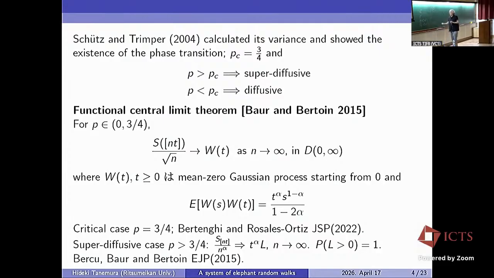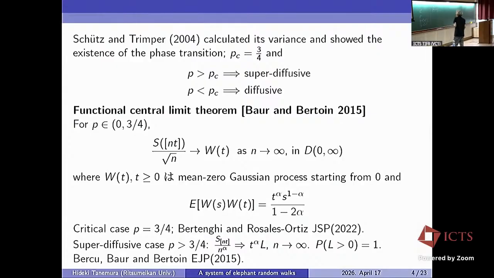And as n goes to infinity, this converges to half in any case. But the order and speed of this convergence is important. And they calculate some estimate of that and get these things.